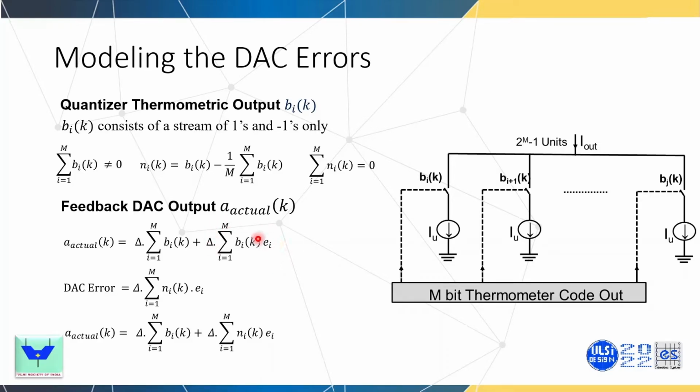So you have a 1 plus or minus e_i associated with each and every DAC element, the DAC error. And if you work out the algebra, we can actually show that it is just the summation of B_ik plus N_ik multiplied by the error, where the summation of N_ik we defined was 0.